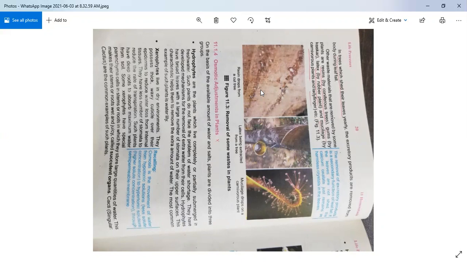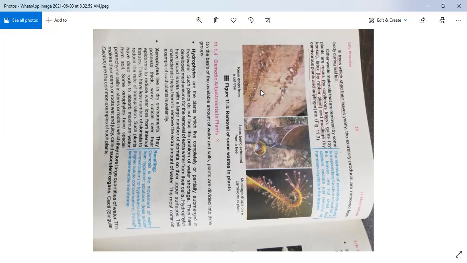The other waste materials that are removed by some plants are resins by coniferous trees. So coniferous trees remove their metabolic waste in the form of resins. The kikar plant removes its metabolic waste by gums. And a rubber plant removes its metabolic waste in the form of latex.